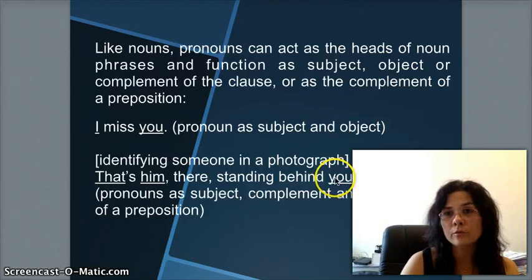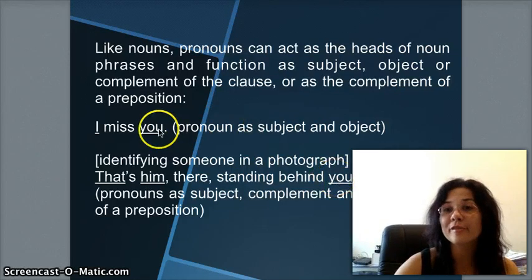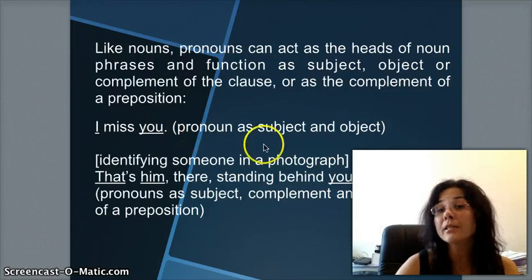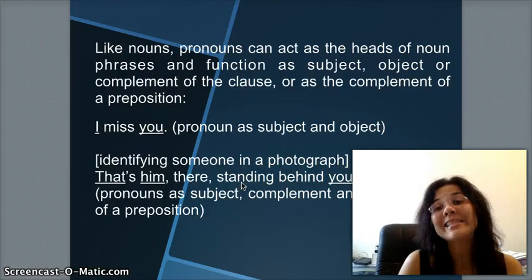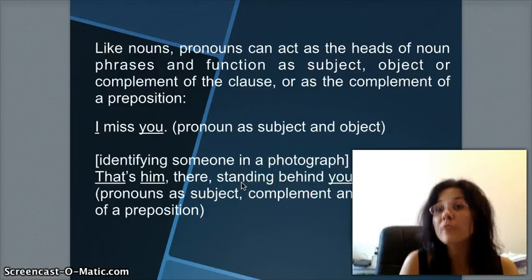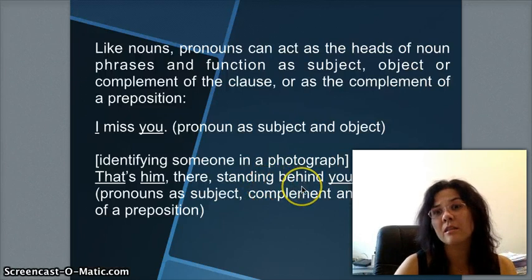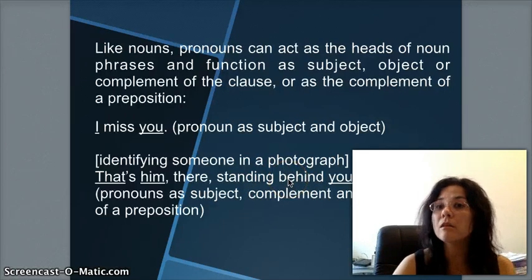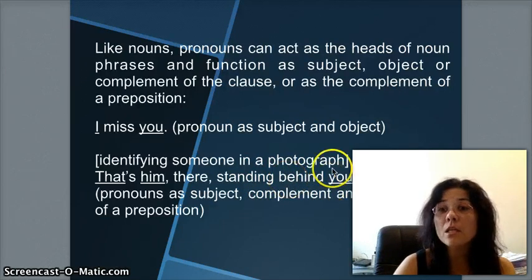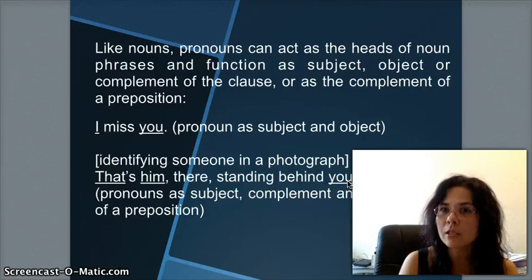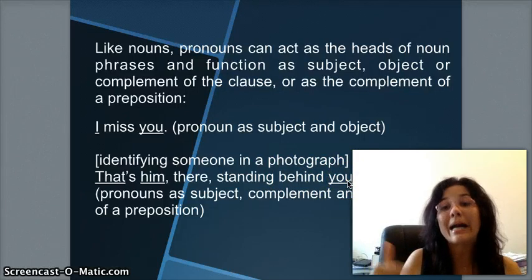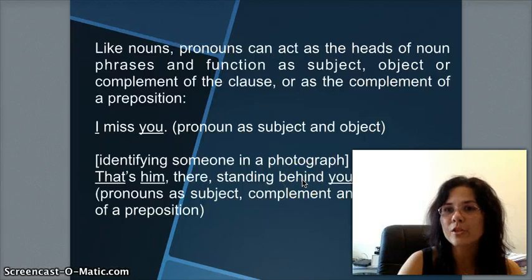And you, differently from the first example, is not an object. Why not? Because the verb stand doesn't need an object. It's an intransitive verb, okay? So, here we have standing behind you. Behind is a preposition. And you, in this situation, is functioning as the complement of a preposition.